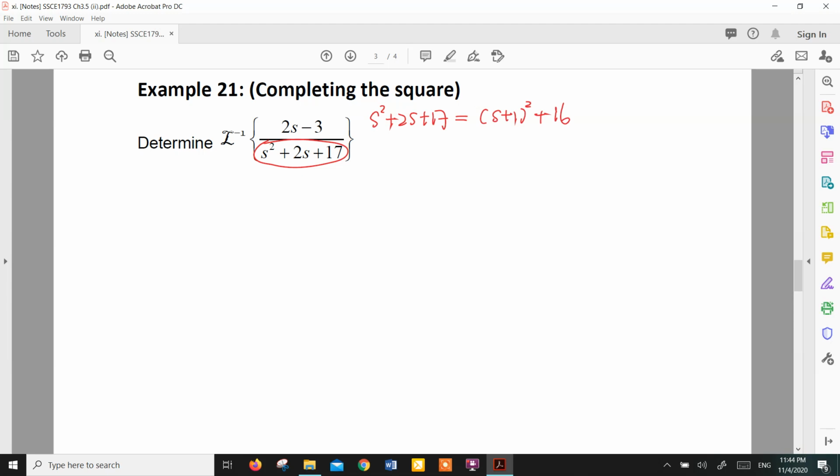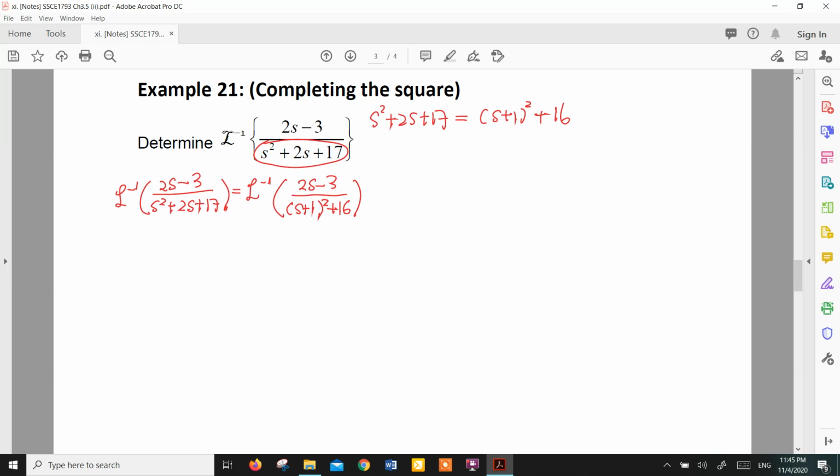So the inverse Laplace of (2s minus 3) over (s square plus 2s plus 17) is equal to the inverse Laplace of (2s minus 3) over ((s plus 1) square plus 16).